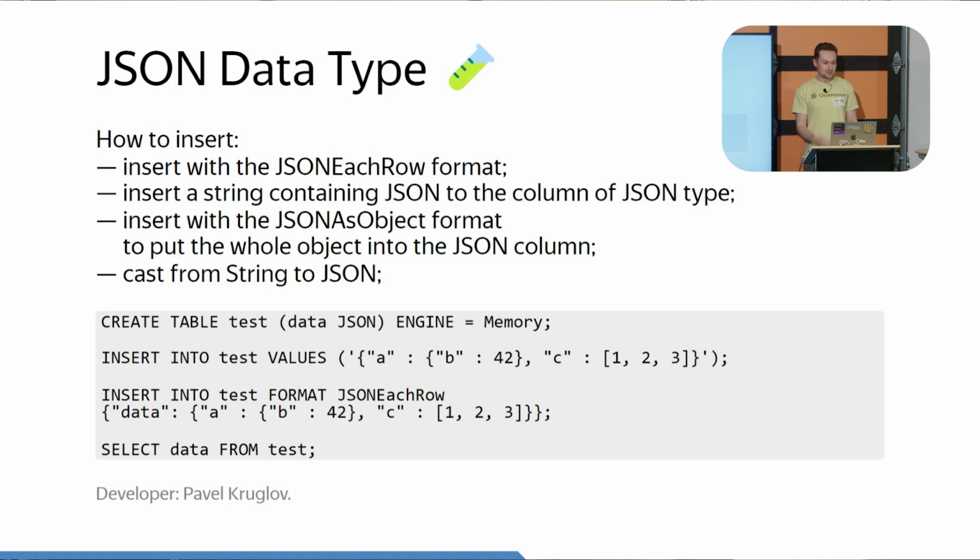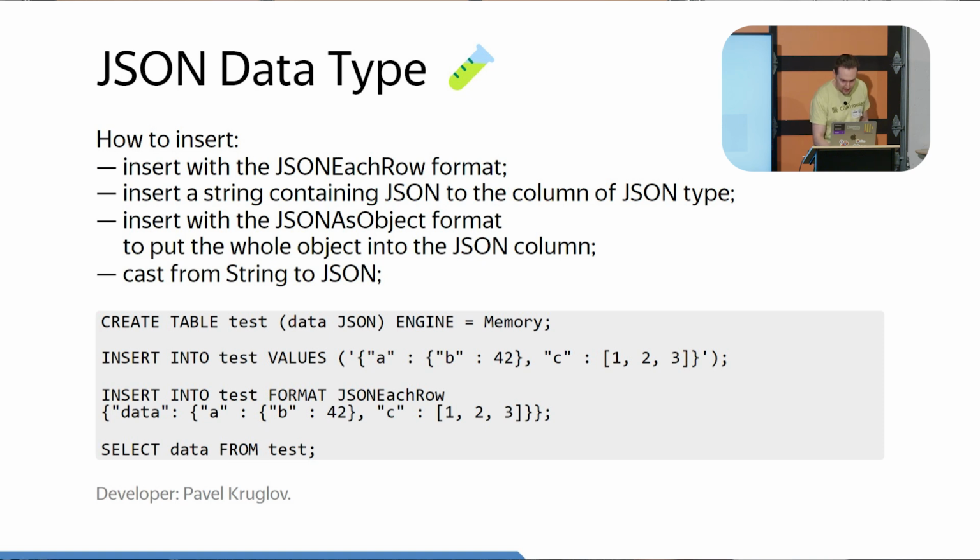It works for inserts. You can insert from a JSONEachRow format. You can insert a string, and it will be interpreted as a JSON data type if it contains JSON. Like in this example, here is a string containing JSON.